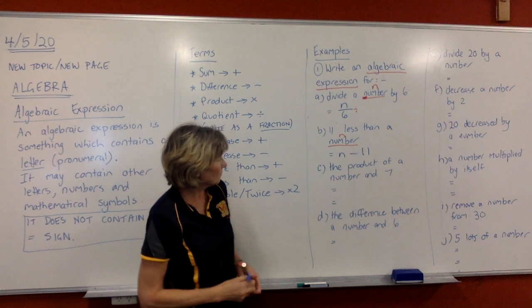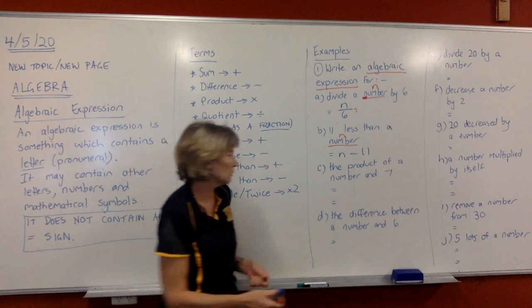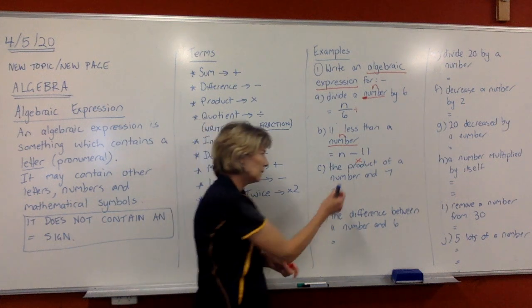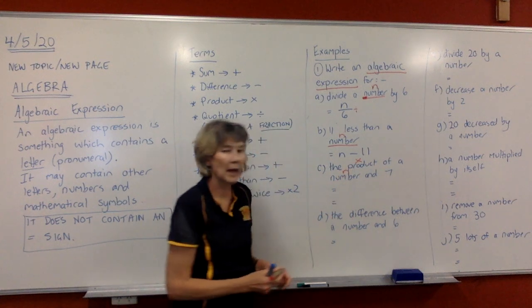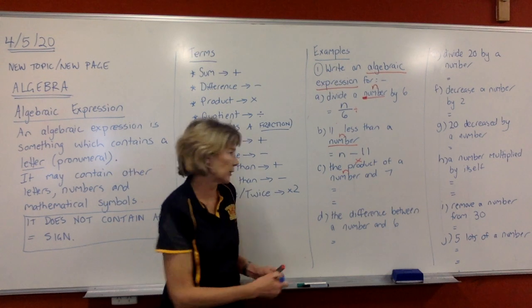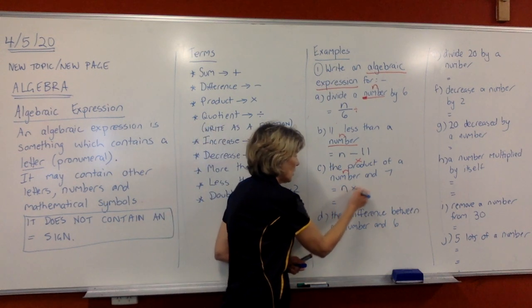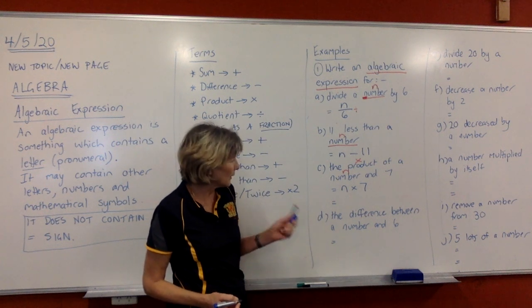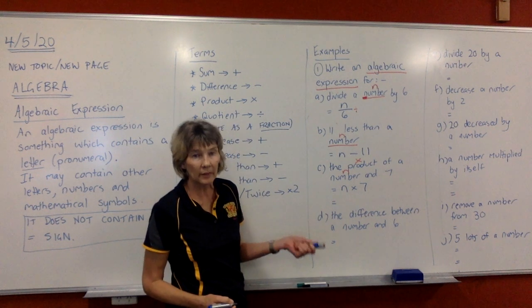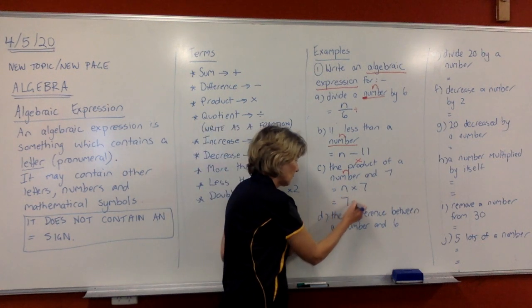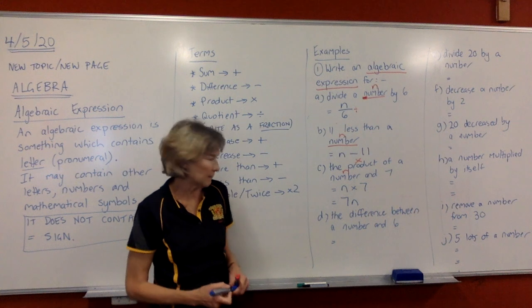The next one says the product, we know that means times, of a number, which we're going to use N, and 7. So we're timesing N and 7. N times 7. Now I want you to simplify this down. So we put the number first, then the letter, and remember we can leave the times sign out. So that's going to equal 7n.